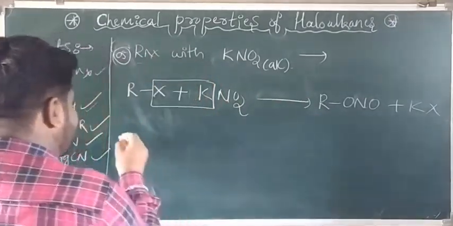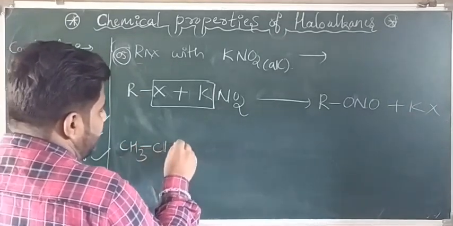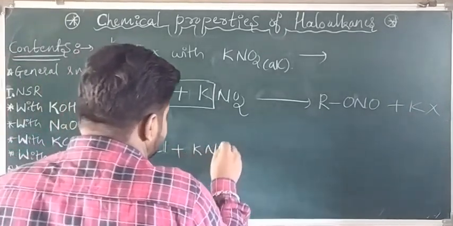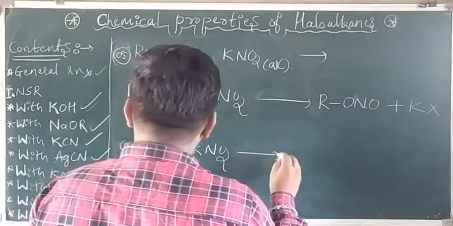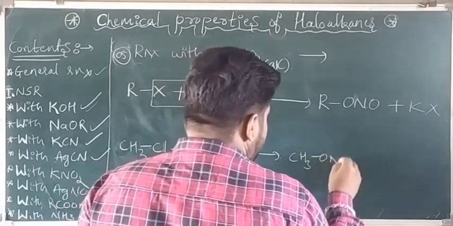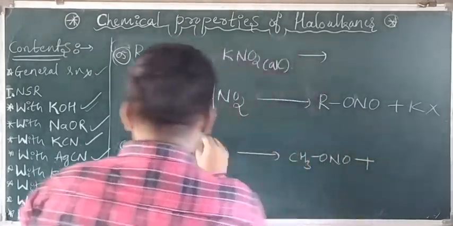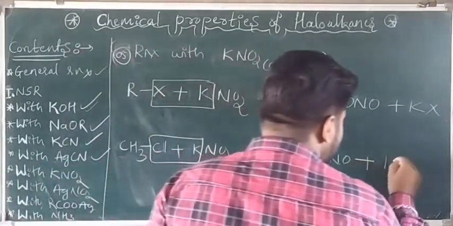So you can take an example. In place of R, you can take a methyl group, methyl chloride plus KNO2. We are getting methyl ONO, and KCl is eliminated.